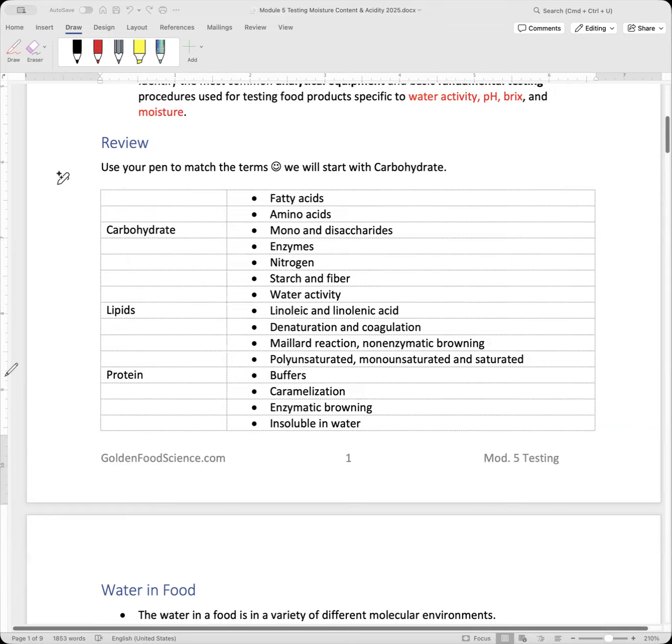All right, how about lipids? Which of these terms have to do with lipids? Insoluble in water, polyunsaturated, monounsaturated, fatty acids, linoleic and linolenic. I think that's all of them, unless I missed one.